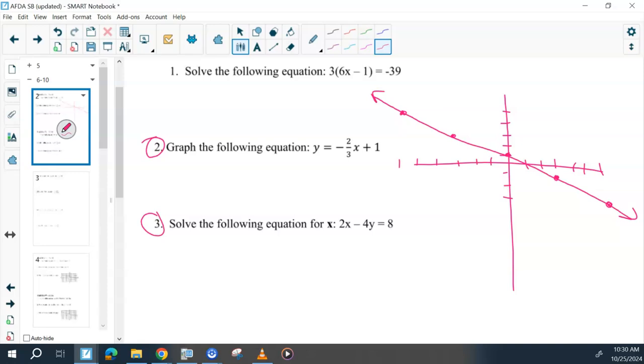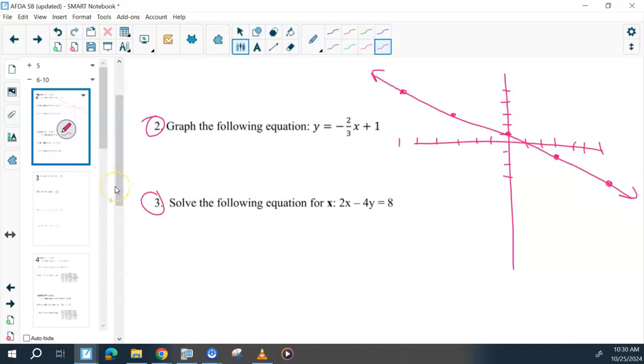Number 3, solve the following equation for x. We want to get x by itself, so get rid of the y term by adding it to the other side.